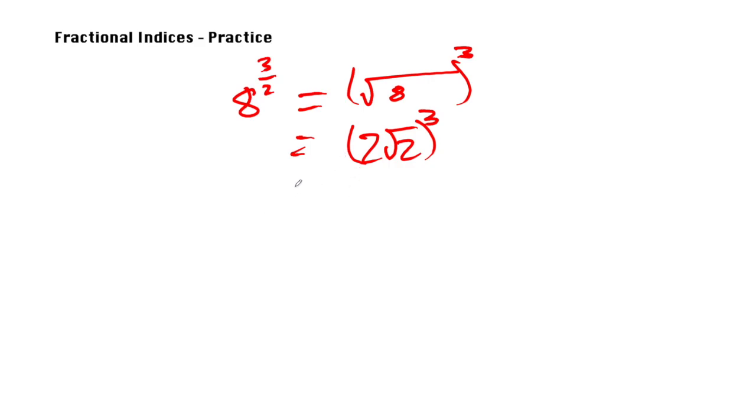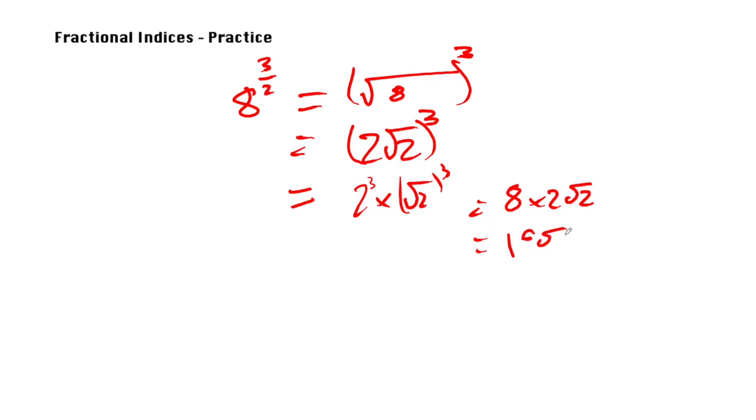So 2 root 2 cubed is the same as 2 cubed, which is 8, times root 2 cubed, which is the same as 8 times 2 root 2, which is 16 root 2.